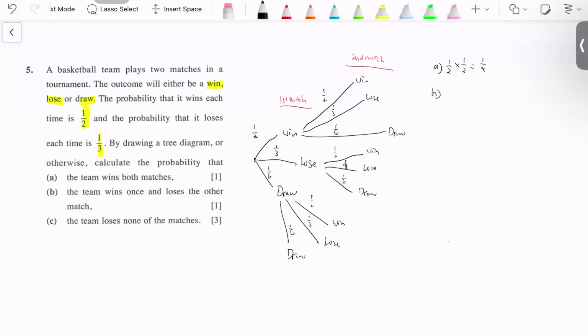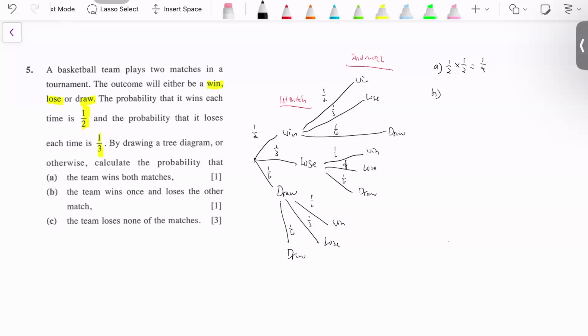So part B is this: the probability that the team wins once and loses the other. There are 2 different ways that this happens. Firstly, the team wins the first match and loses the second match, and the second possibility is the team loses the first match and wins the second match. With that, we need to add up both the probabilities together.